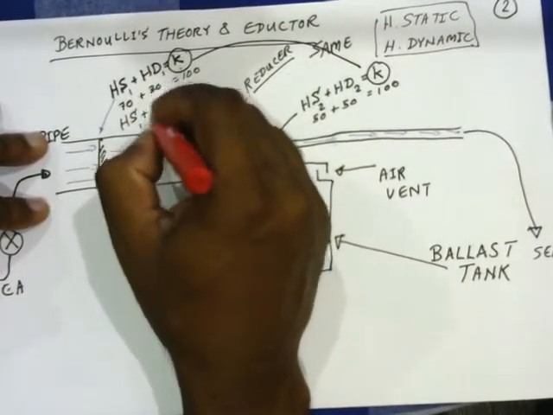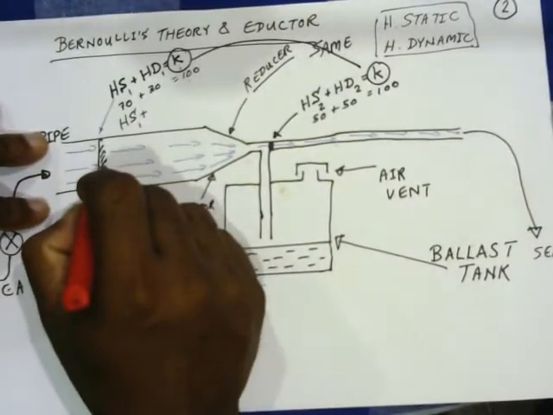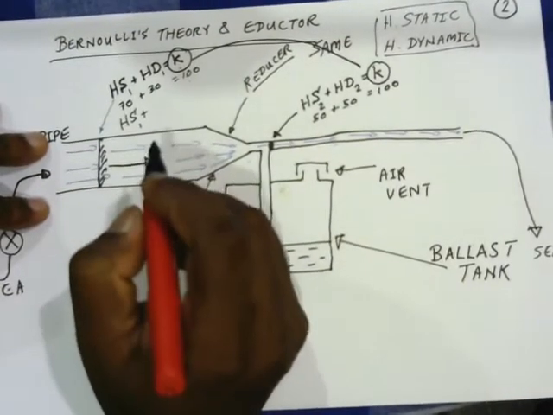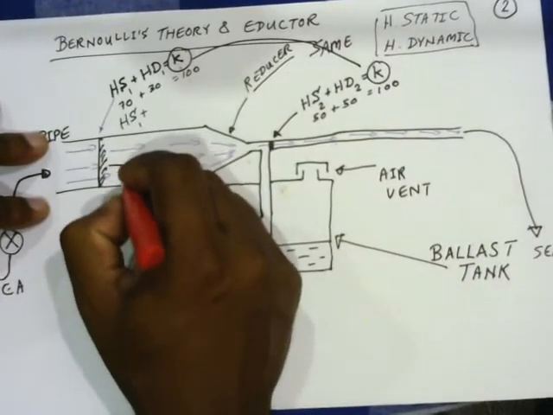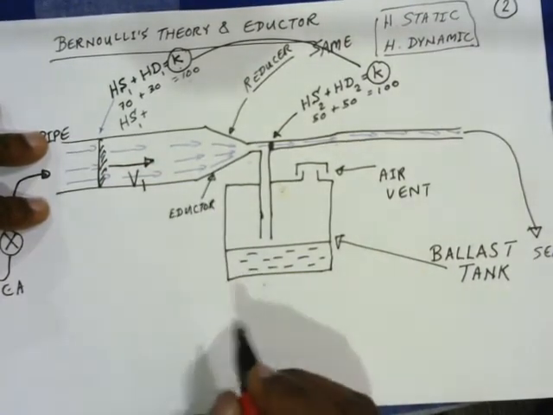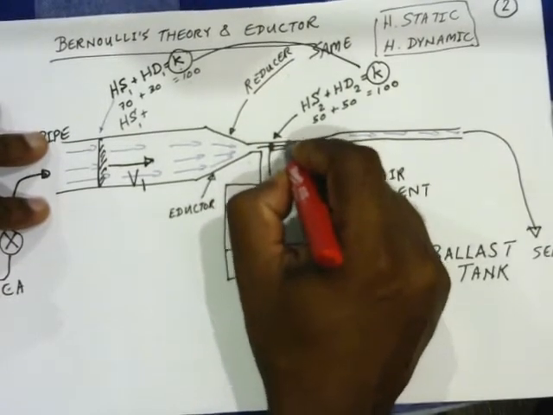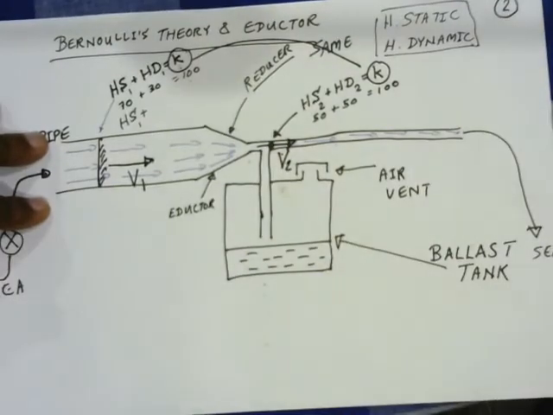Let's assume that at this point the velocity of the water is v1, and at this point the velocity of the water is v2.